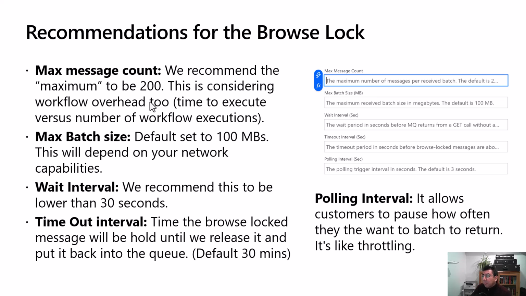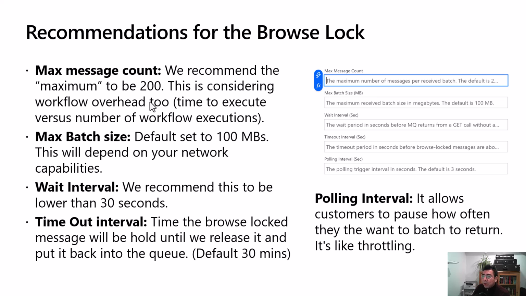Wait interval, we recommend this to be lower than 30 seconds. The key here is to prevent HTTP disconnects. Let's remember that this whole infrastructure is based on HTTP. While behind the scenes there is TCP/IP integration, there are events that can affect the execution, like a scale in event or send a cancellation token.